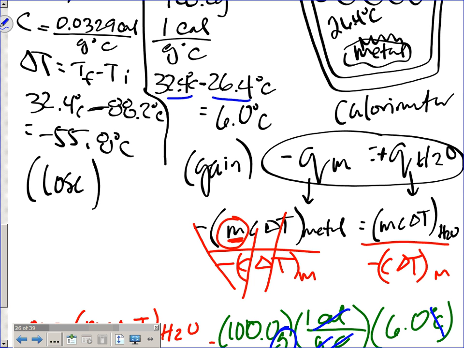So wait, now you're trying to find Q, right? I know the data gives us 6%. I got 1.4. Yeah, negative. I didn't know.